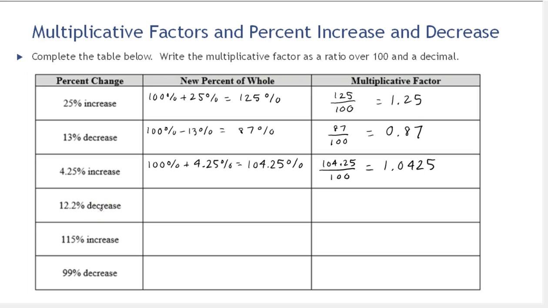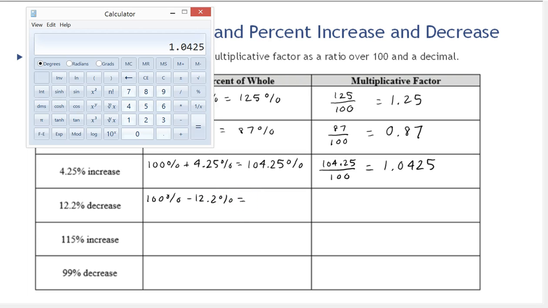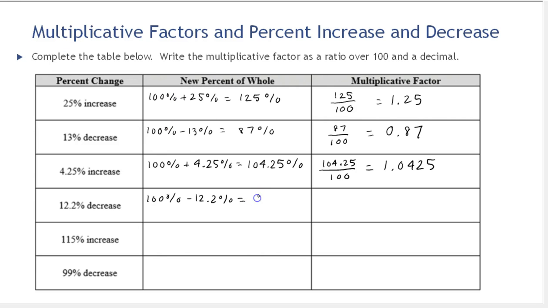The next one, a 12.2% decrease. Start with your 100%, subtract off the 12.2%. So 100 minus 12.2 is 87.8%.